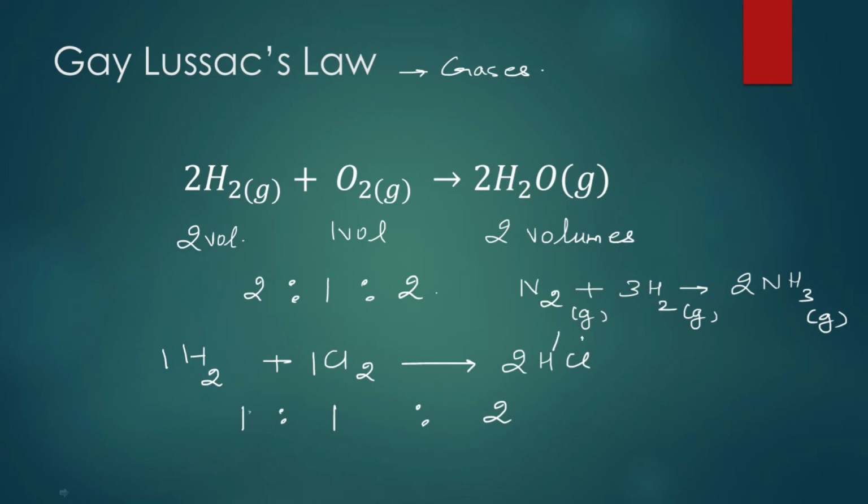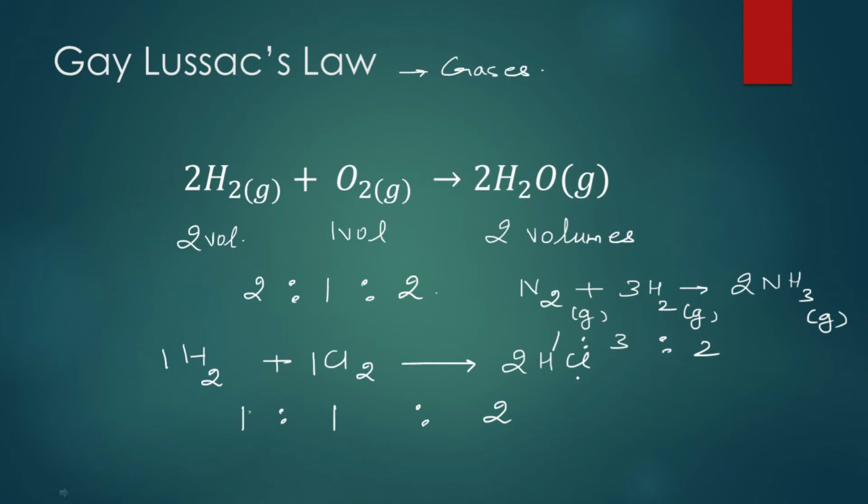It's a very simple, well, you can say law which we have, or a generalization which we have. It is also known as the Gay-Lussac's law of combining volumes, which says that when gases react together or are produced in a chemical reaction, they do so in a simple ratio by volume to one another and the volume of the product.